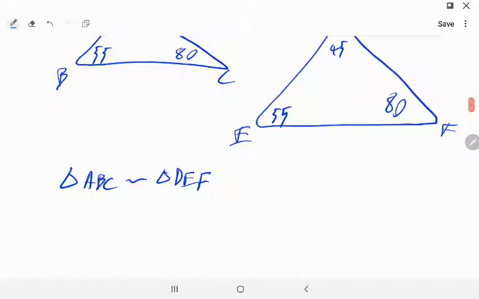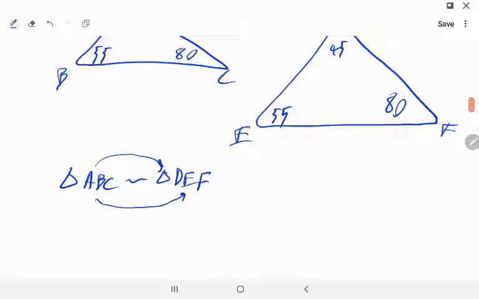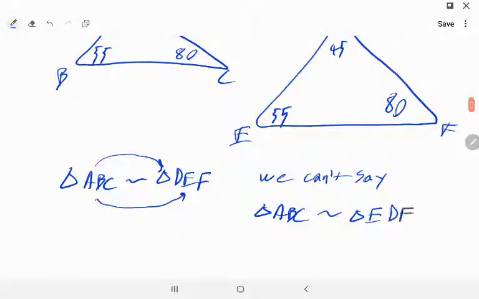When we write triangle ABC being similar to triangle DEF, we mean in that order. We know that A corresponds to D, B corresponds to E, and C corresponds to F. We can't say triangle ABC is similar to triangle EDF, because A doesn't correspond to E, B doesn't correspond to D. It's not going to work out.